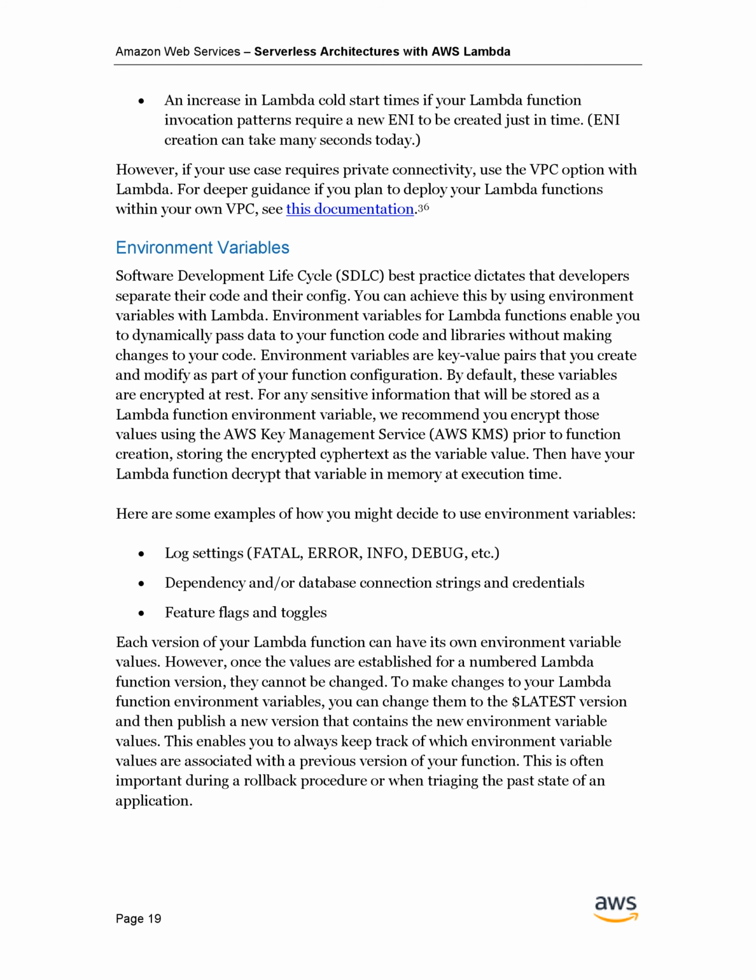To make changes to your Lambda function environment variables, you can change them to the $latest version and then publish a new version that contains the new environment variable values. This enables you to always keep track of which environment variable values are associated with a previous version of your function. This is often important during a rollback procedure or when triaging the past state of an application.